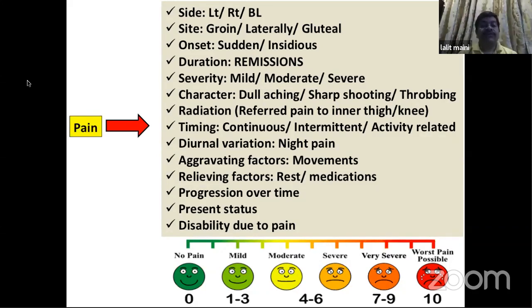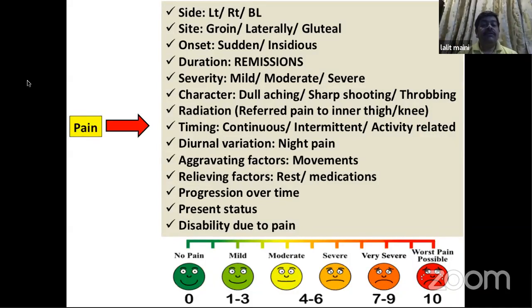The onset, sudden, insidious onset, or the patient is not clear on the onset. Duration, and is this duration related to remissions and relapses? The severity, mild, moderate, or severe. The character, dull, sharp, throbbing.